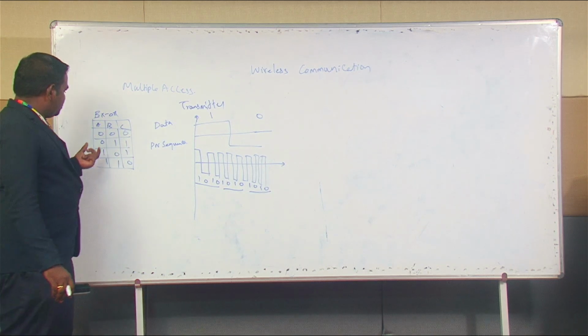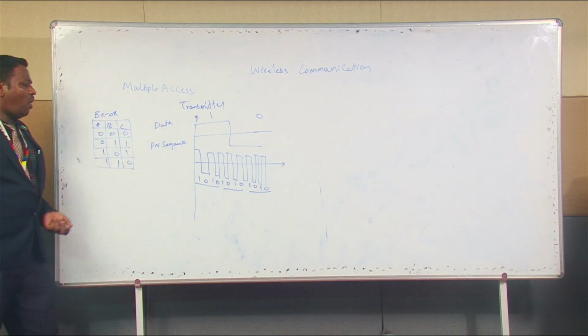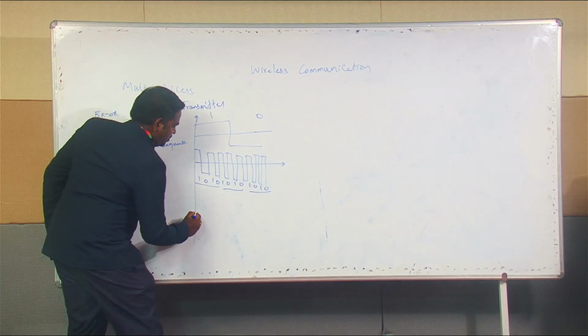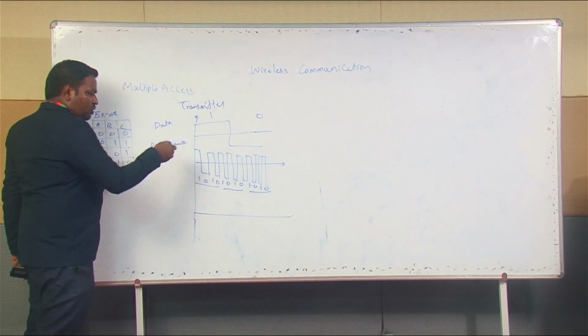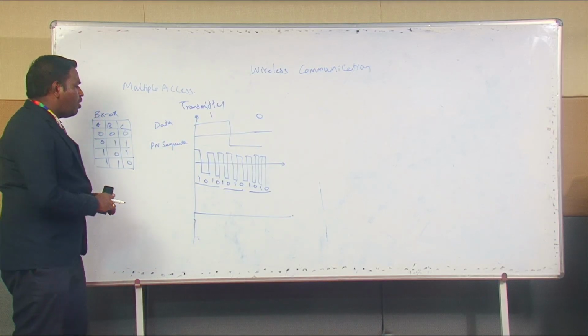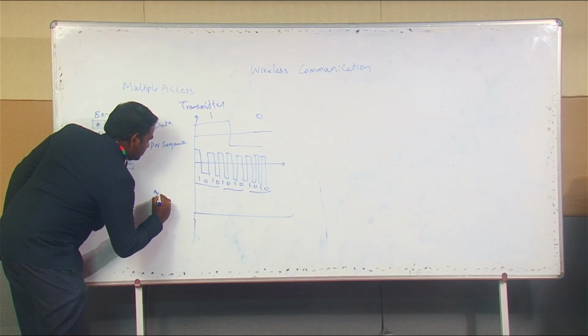If both the symbols are different, you will be getting 1. Okay, so see, this is the data, this is a sequence, this is the modulated data.